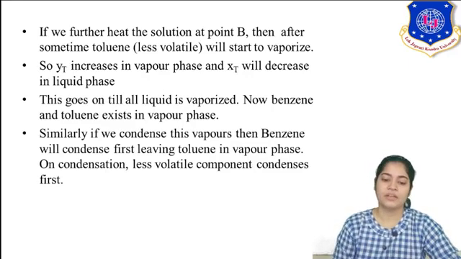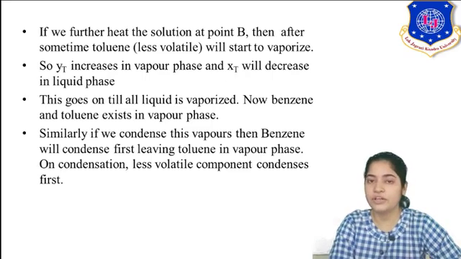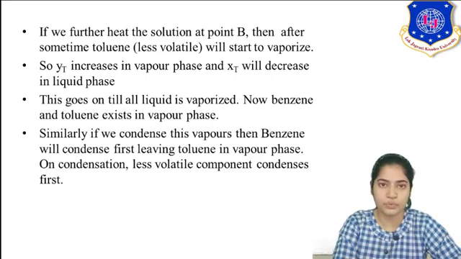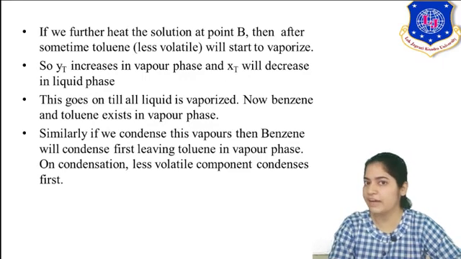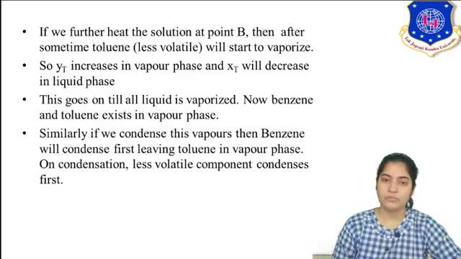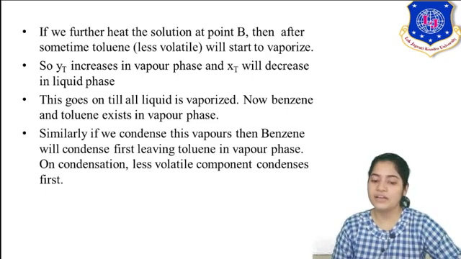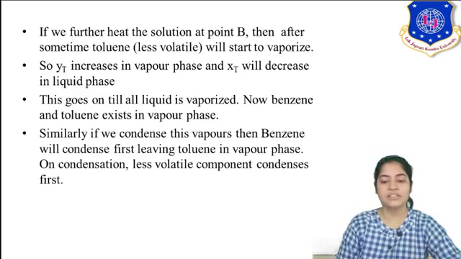Now similarly, if we condense this vapor, as you saw in the initial slides, when my total liquid is totally vaporized into vapor phase, now I have YB and YT. Now when I am starting my procedure of condensation, both of my components are in vapor phase. When I am starting the condensation process, initially benzene will condense first.